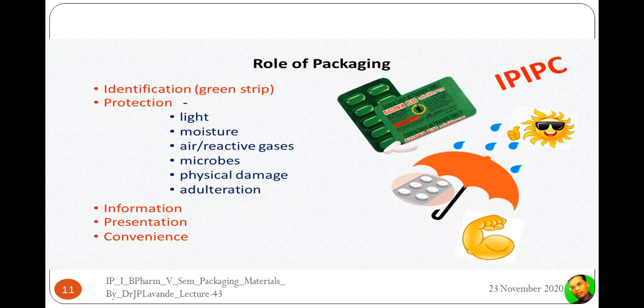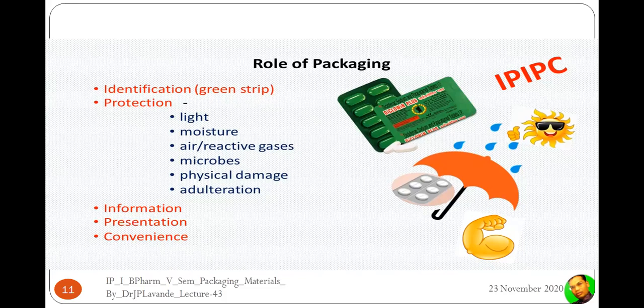The packaging will also provide information. We find lots and lots of information from the packaging. Whatever the kind of packaging, whether primary, secondary, or tertiary, it will definitely provide us information. It will provide the coding of manufacturing, the name of the product, the strength of the product, and the quantity of the product.